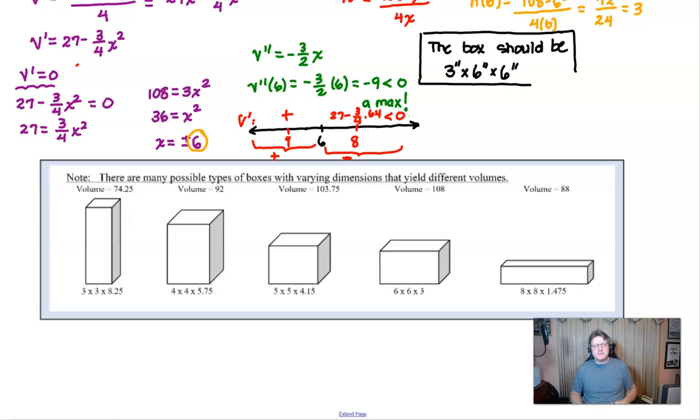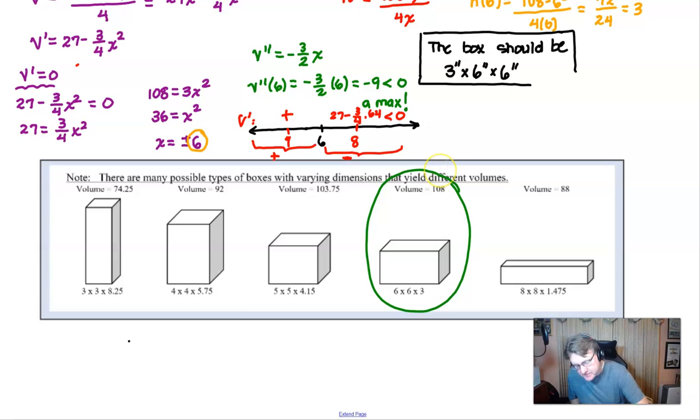I'll let you guys figure that out and verify it on your own, but I do promise that if you multiply all of the lateral 4 sides and the bottom, you would get that 108 particular surface area. But you can see that they each have a very different volume. And the one in this group that happens to have the biggest is number 4 over here, which happens to be the 6 by 6 by 3.